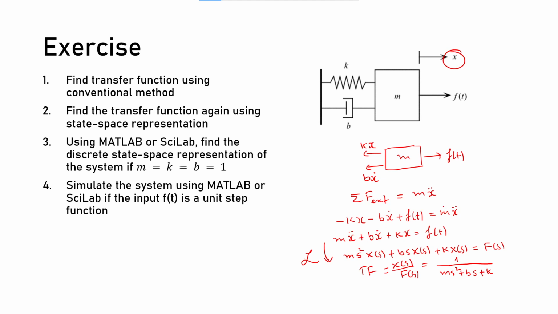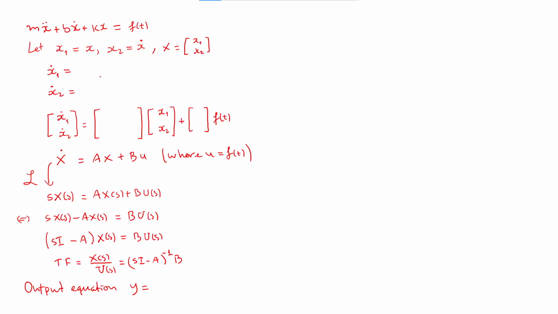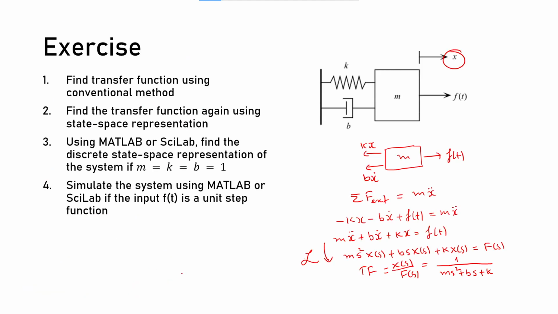But when you transform into state space, h here represents h1, which is displacement, and h2, which is velocity. So you have two variables here. Let's say now you want to compare with the conventional method.